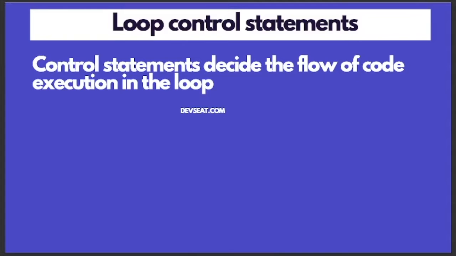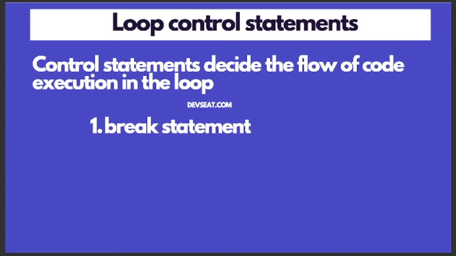In that program, you want to execute your for loop or while loop only if a particular condition matches within that loop. If that particular condition is not matching, then you don't want to execute that loop, or you don't want to execute that particular iteration. Then control statements will be helpful.